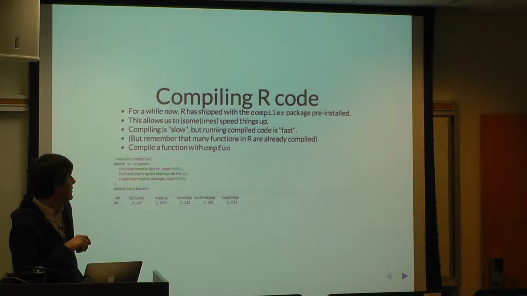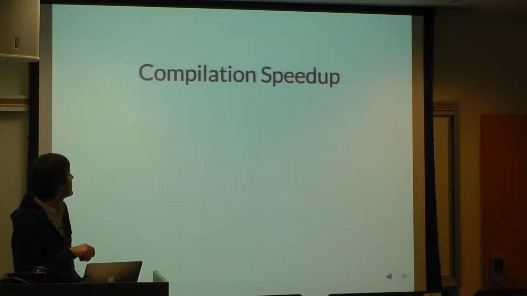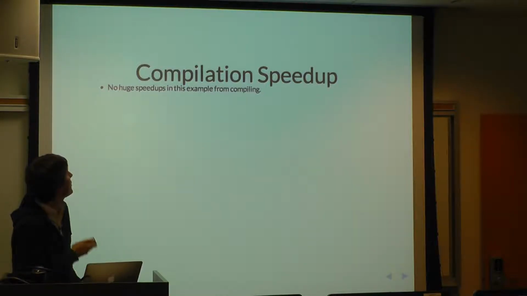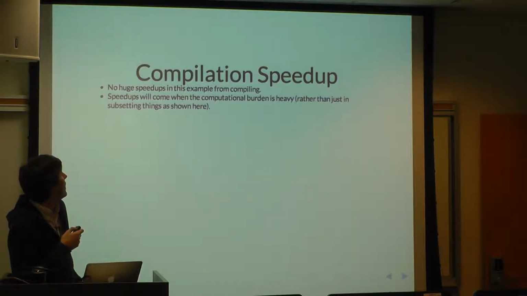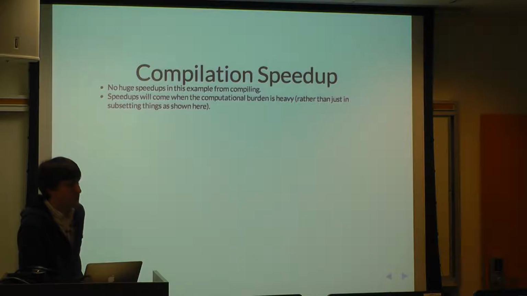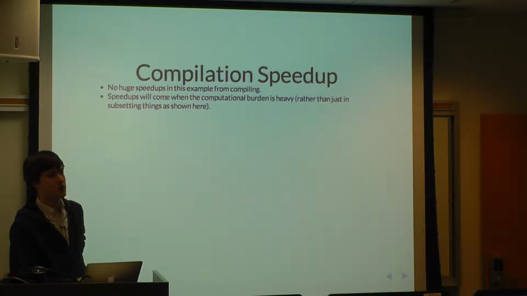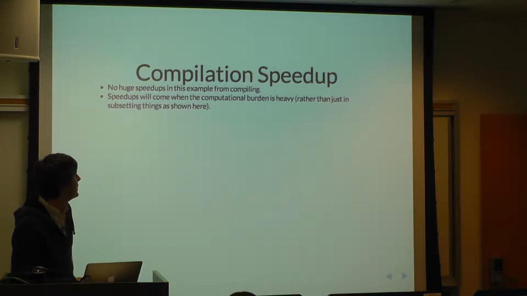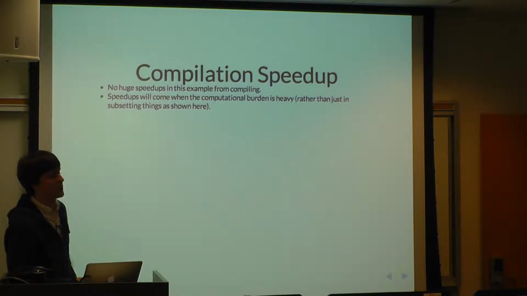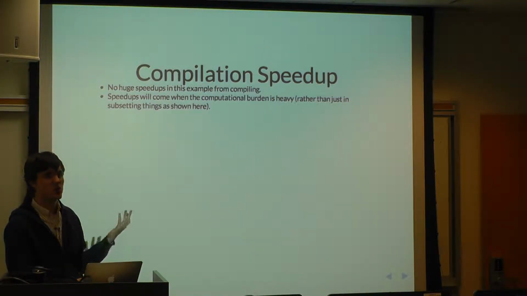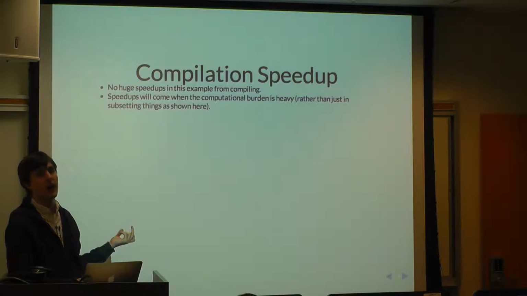The reason for this, as I talked about over here, is that we don't get any huge speedups. You will get speedups when computational burdens are pretty heavy, rather than just subsetting things, which is the only thing we're doing that wasn't compiled.